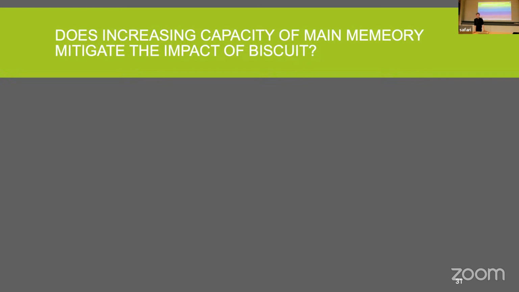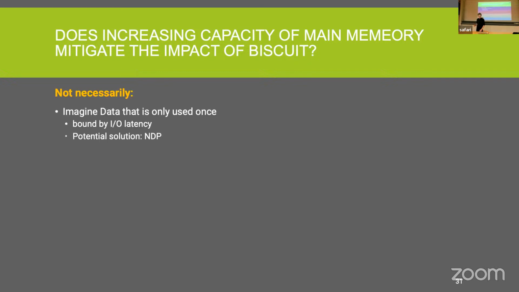Yeah. I mean, imagine you could load everything to main memory, it would be much faster than having it on an SSD or a hard drive. But what about data that's not really used that much, or maybe only used once? It's really inefficient to load a bunch of stuff into main memory to then just use it once and then not use it anymore, because in that case the performance is actually bound by the IO latency.